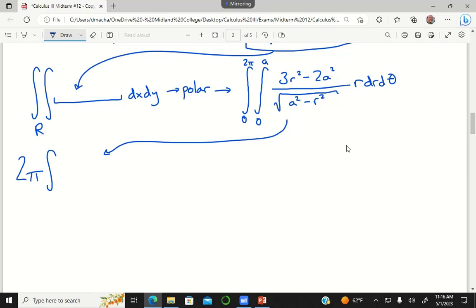And then what I'm left with on the inside is the integral from 0 to a of, and then I'm going to go ahead and separate this into two different integrals where the minus sign is, so I can rely on that antiderivative additivity.